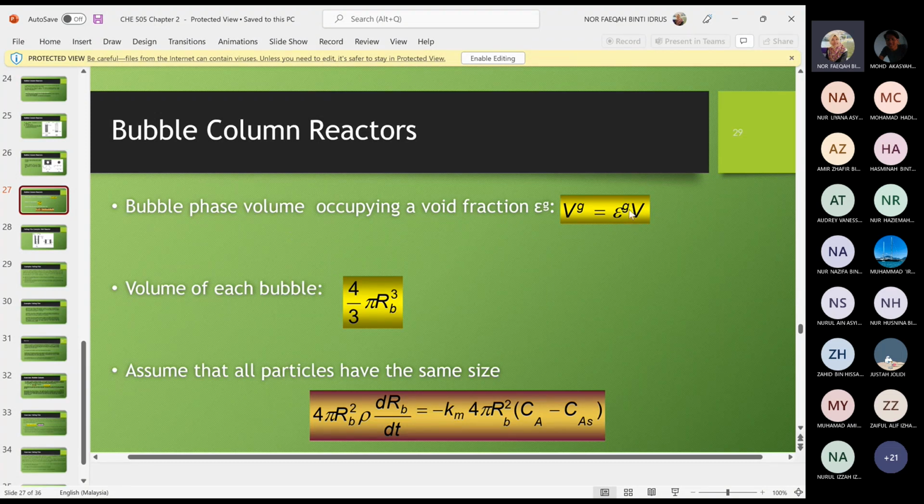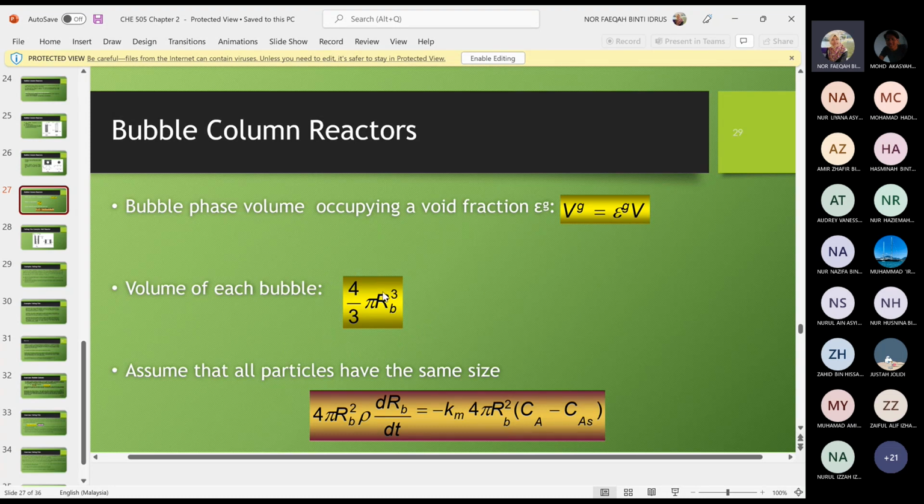total void fraction, okay, multiply with the V. V here is total volume of reactor. Yang Vg ni only the volume of gas phase. And then volume of each bubble. So of course lah kalau tengok the formula, volume of each bubble ni the volume of a sphere. But this is for one bubble.